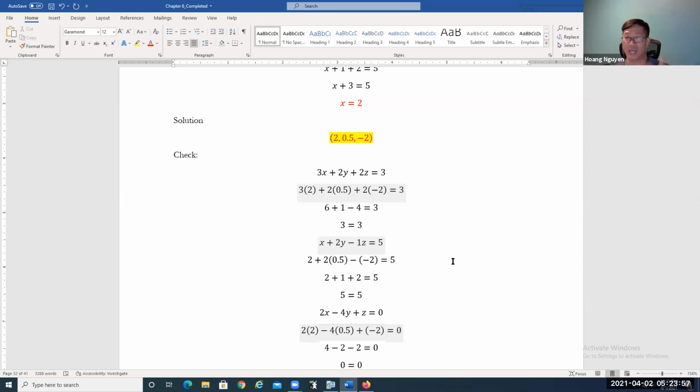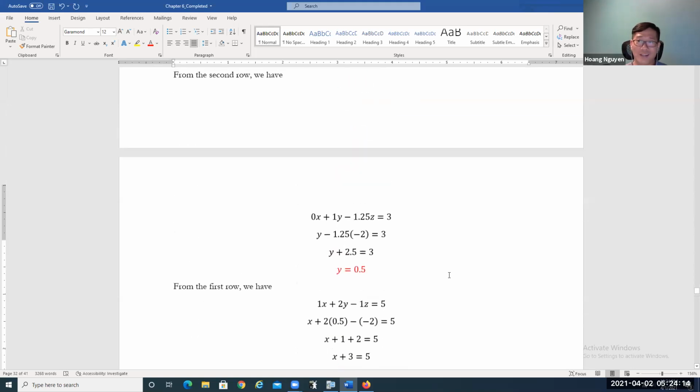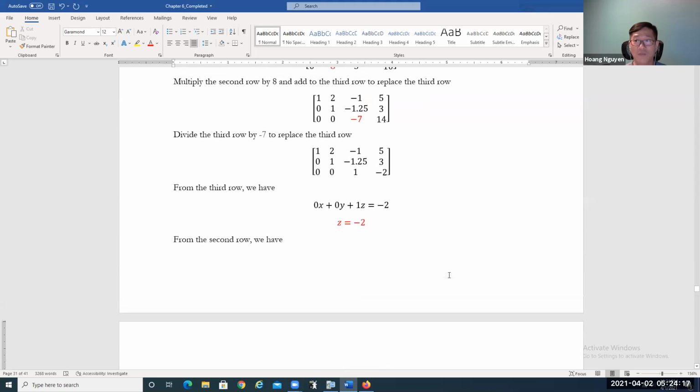So you don't have to keep carrying the variables x, y, and z in your calculation. It might be kind of tedious, but it's similar to the Gaussian elimination method that we talked about in 6.2, but you have to know the row operations, the row equivalent operations.